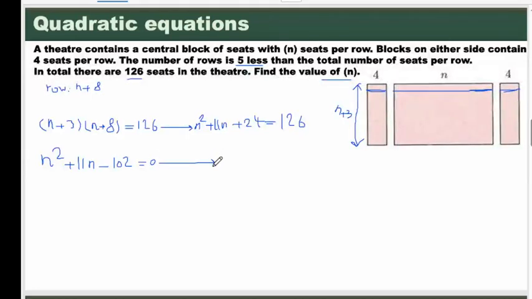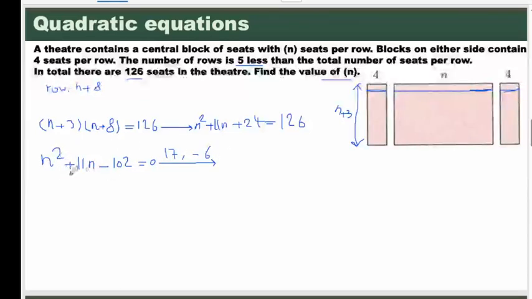I have to find the two numbers that add up to 11 and multiply to negative 102. So I say the two numbers would be 17 and negative 6.